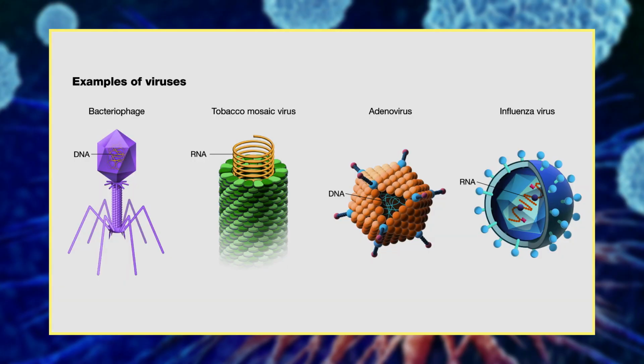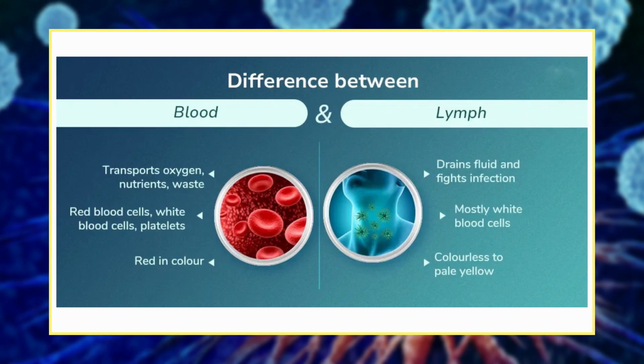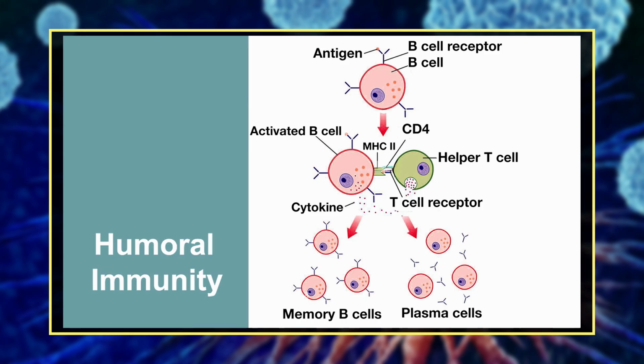The humoral immune response, a key arm of adaptive immunity, targets extracellular pathogens like bacteria, viruses and toxins in blood and lymph. Mediated by B lymphocytes from the bone marrow, it begins when B cell receptors bind specific antigens.